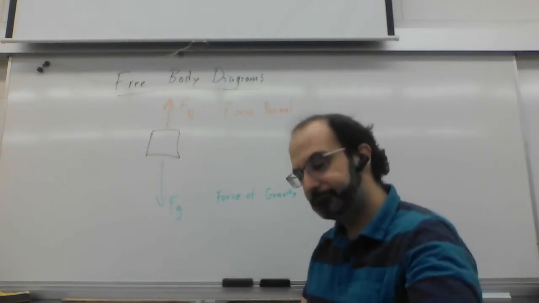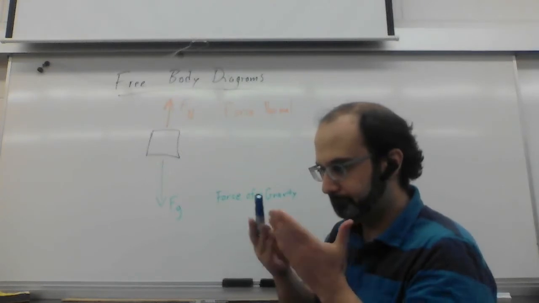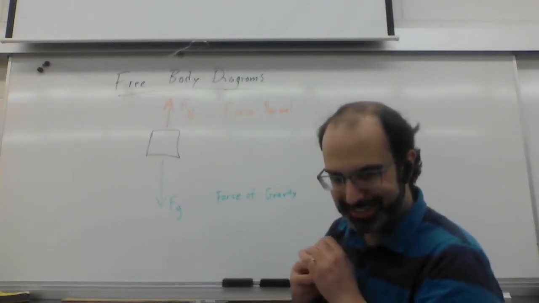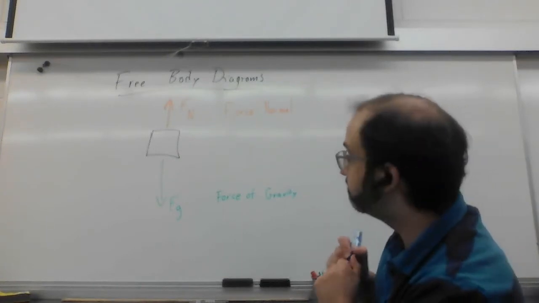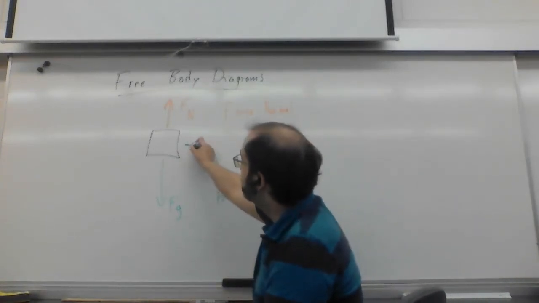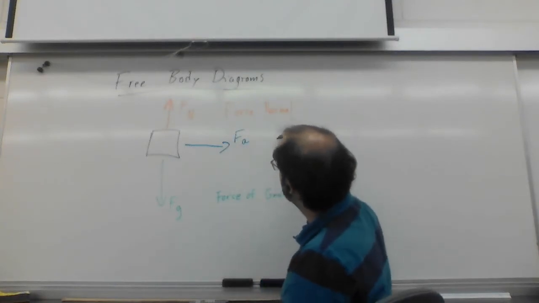What else do we have? Well, I said in Newton's laws that things only move if you push them. So what happens if I give something a push? In order to push something, we also use a force, and we call it Fa, or force applied.